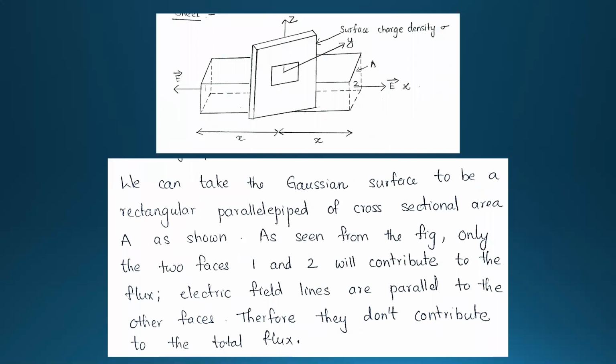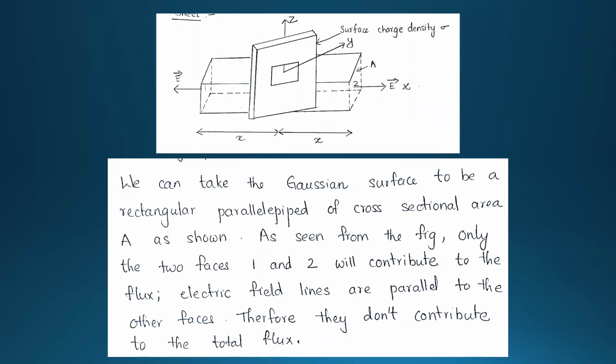Now, if you see this figure, to find the electric field, first we have to imagine a Gaussian surface around the sheet. We know a Gaussian surface is an imagination which we take around any charged wire or charged sheet or any charged object.